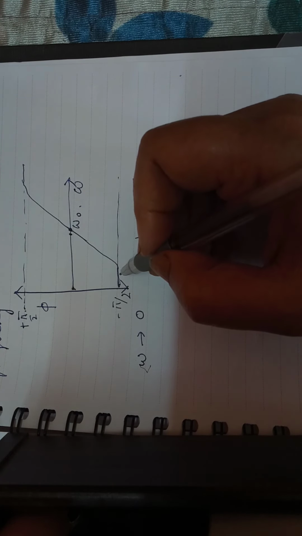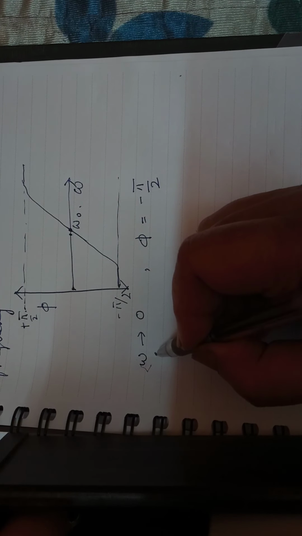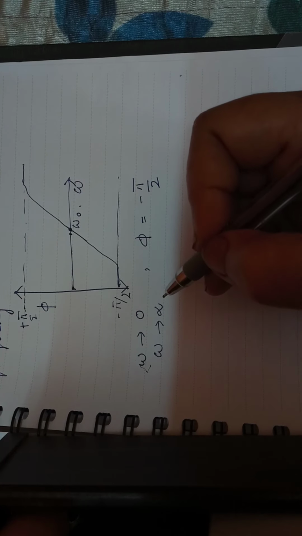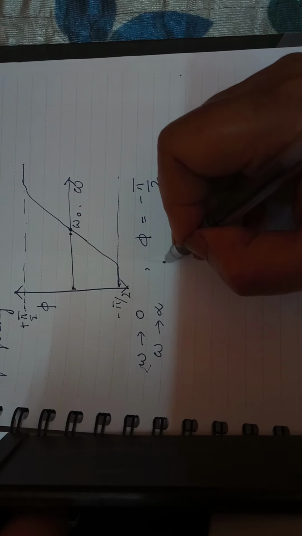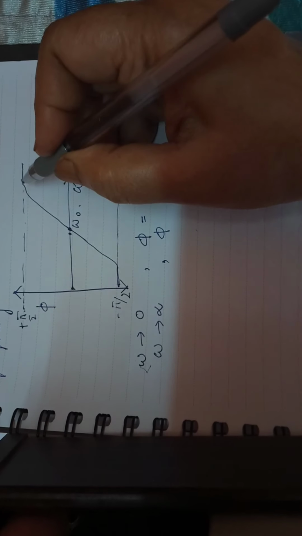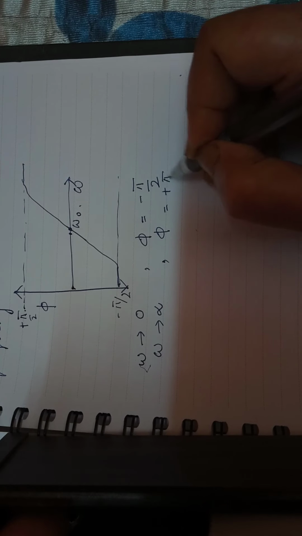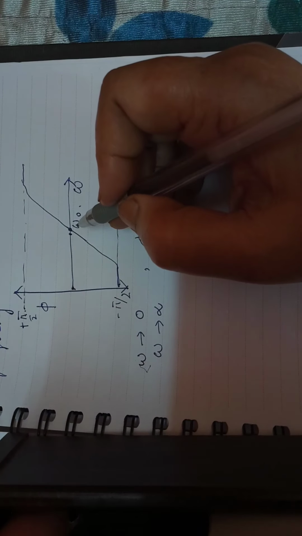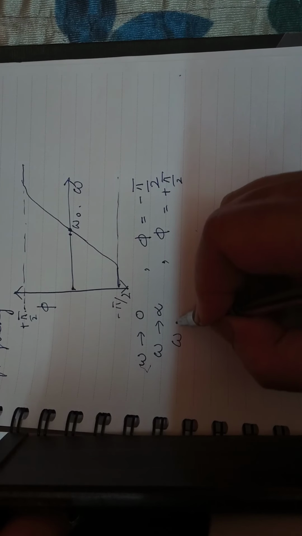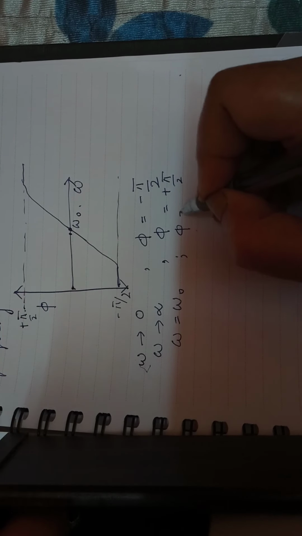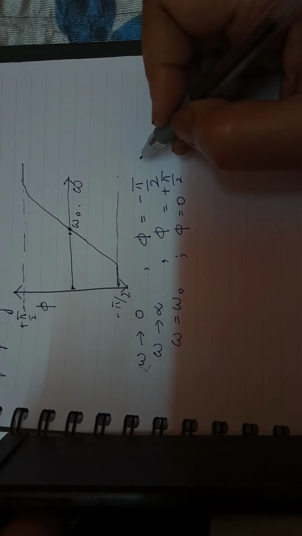At high frequency, when omega goes to infinity, phi is equal to plus pi by 2. And at resonance, when omega is equal to omega naught, phi is equal to 0. There is no phase lead or phase lag.